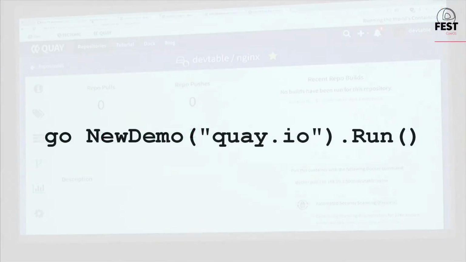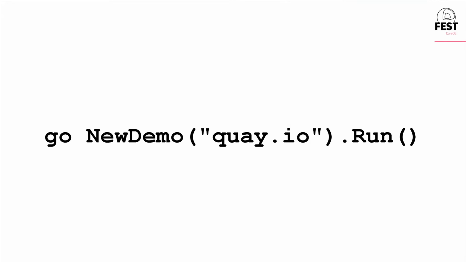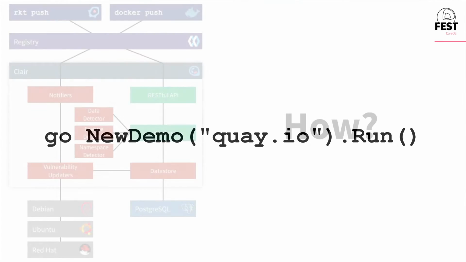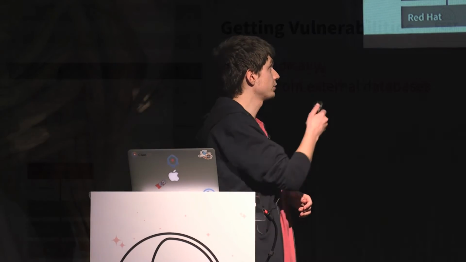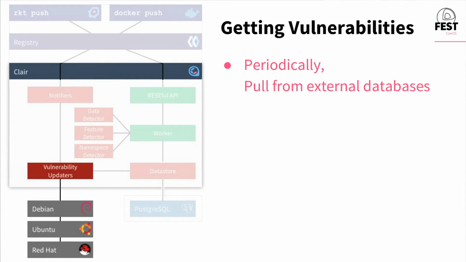All right, I'm now going to discuss how we actually did this. So first of all, we need to get some vulnerabilities. To do this, we're going to periodically pull external databases. Clair is going to ask databases about vulnerabilities and then store them in its internal database.